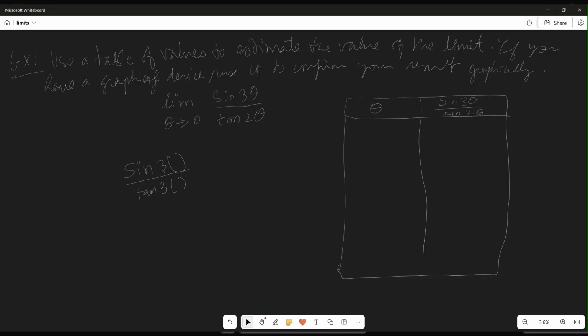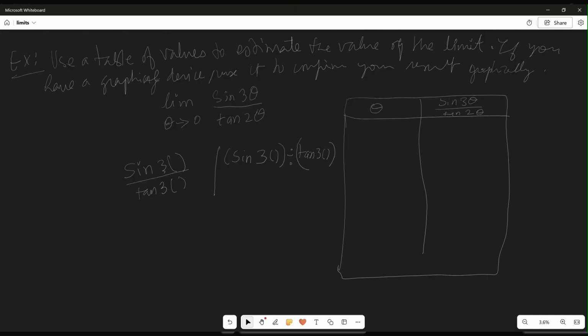Also, make sure you parenthesize the whole expression in your calculator, and divided by tan 2 theta.